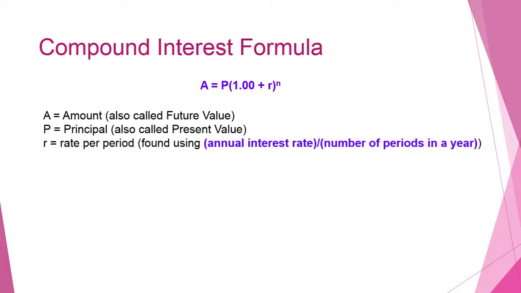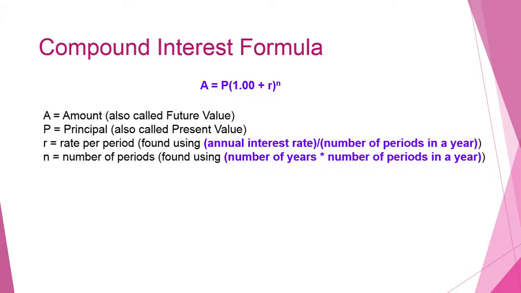R is the rate per period, and we can find that using the formula annual interest rate divided by the number of periods in a year. N is the number of periods, and we can find the number of periods using number of years times number of periods in a year.